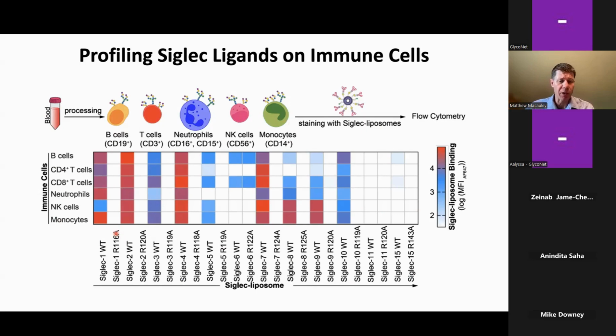So this is something that we had done previously with our first generation probes in the 2020 paper, but these Siglec liposomes are much more sensitive, and so this is a really nice array of data that I think people can go to and look at where Siglec ligands are on immune cells. So one thing that we notice is that T cells, particularly human T cells, have a lot of Siglec ligands on them compared to other immune cells.